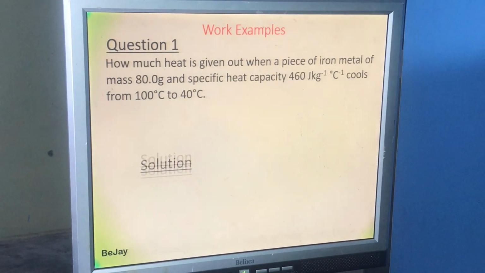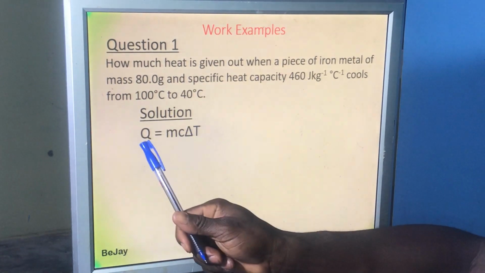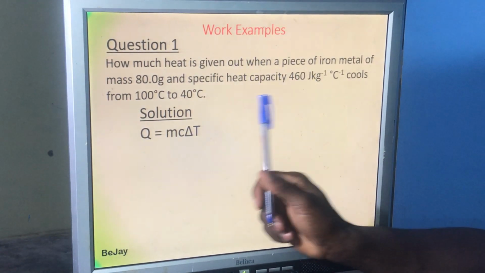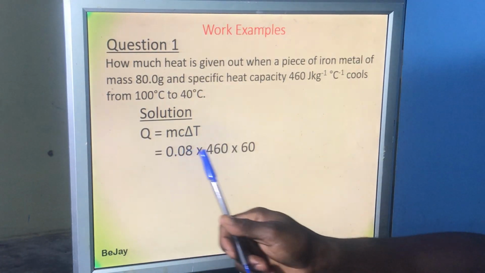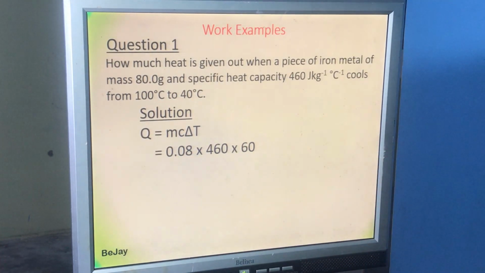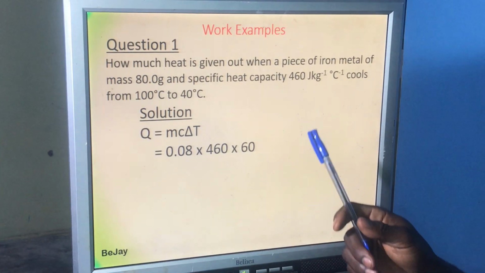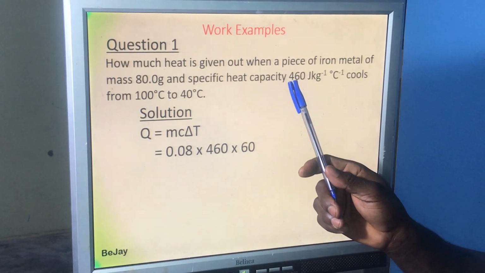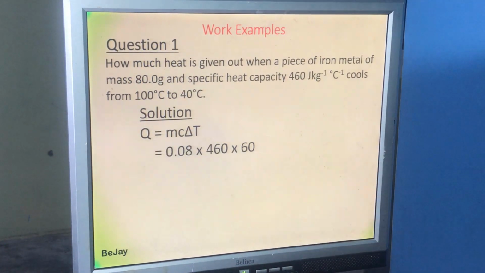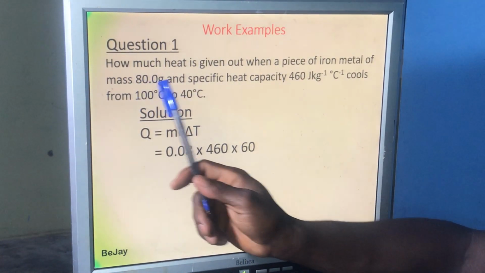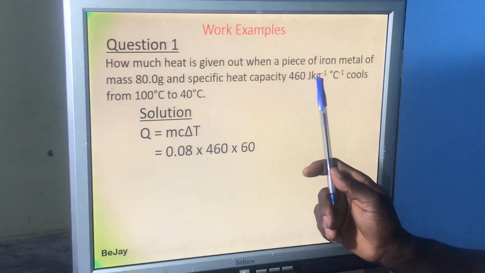Okay, so how do we solve it? Solution. We write our formula Q equals mc delta theta. These are the information given to us in the question. So we put the values in. Remember, take note of this. The unit for the specific heat capacity must correlate with the unit of the mass. If the mass is in grams and the specific heat capacity is also in grams, no problem.